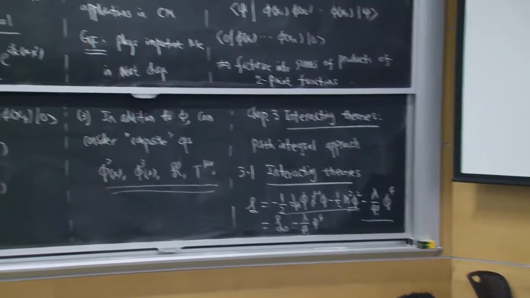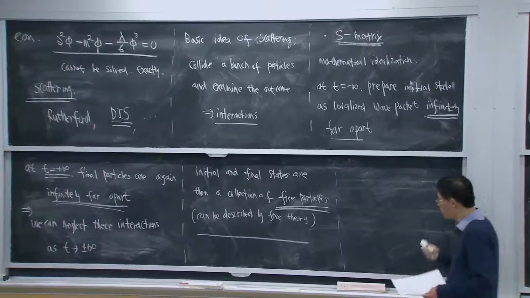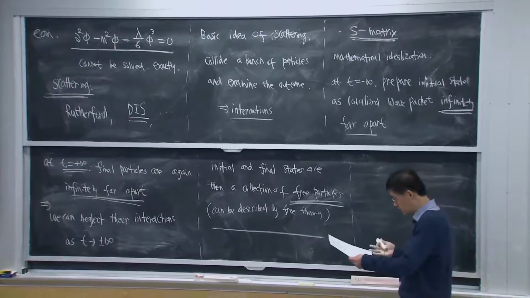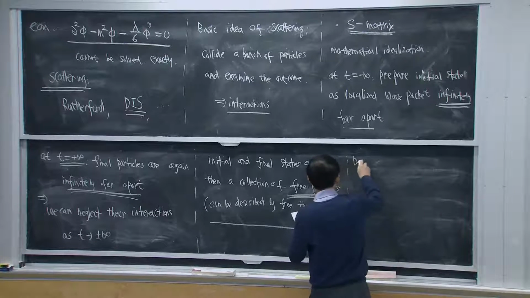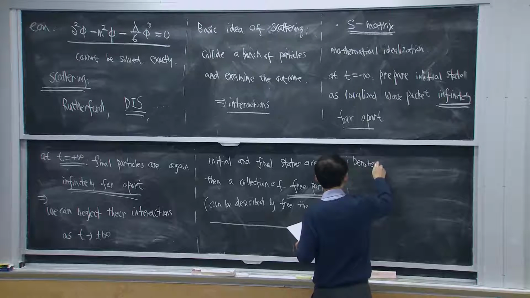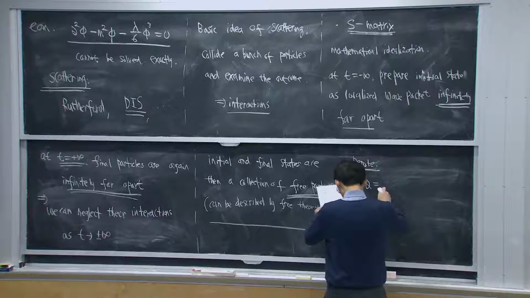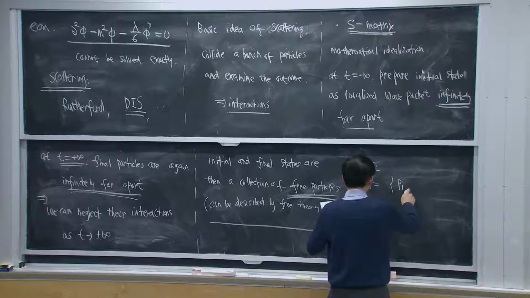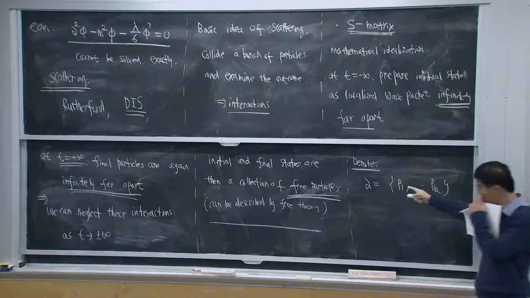Okay, good. This is important because even when we are unable to solve this theory exactly, we can still talk about the initial and final states exactly. At least we can define our problem precisely. So let's denote the collection of initial particles by alpha, the momenta of the initial particles. Essentially, this characterizes your initial state.